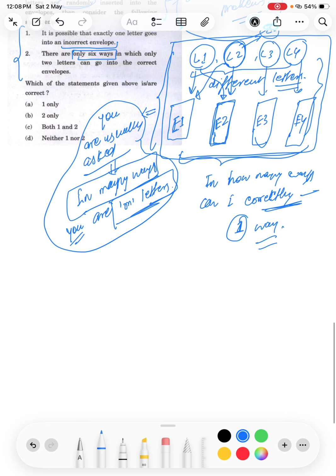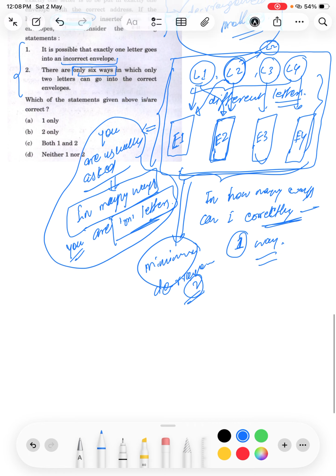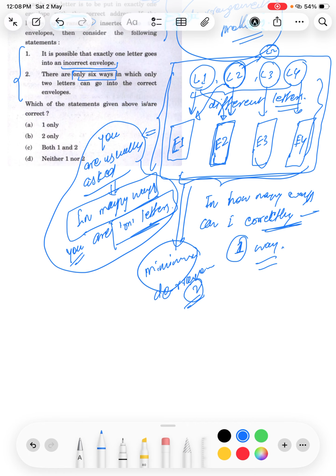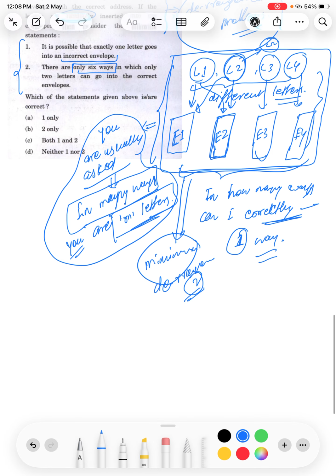So minimum derangement is 2. You cannot have a scenario where only one letter is in the wrong envelope. There have to be 2 letters, right?